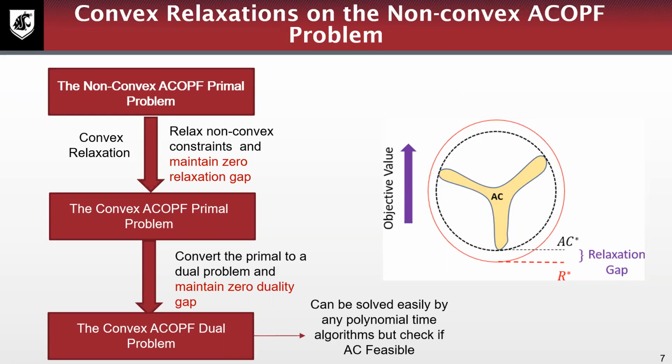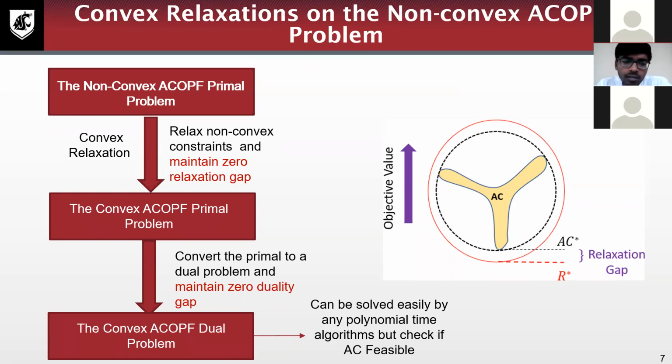So once you have the non-convex ACOPF problem, you relax it and get the convex primal problem, then it becomes easy. Then you can convert it to a dual problem using duality, maintaining zero duality gap, and there are many theorems on that. Once you get the convex ACOPF dual problem, you can solve it by any polynomial time algorithm.